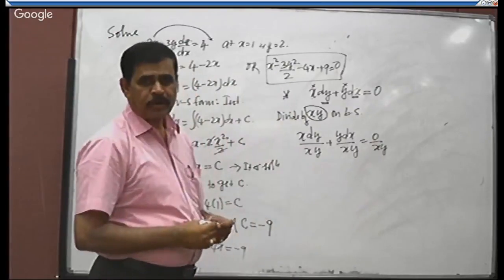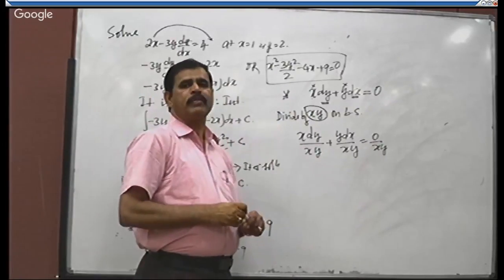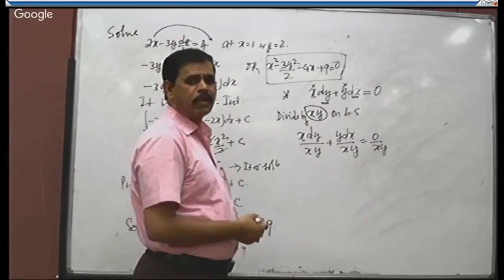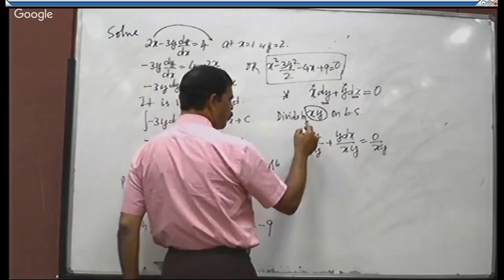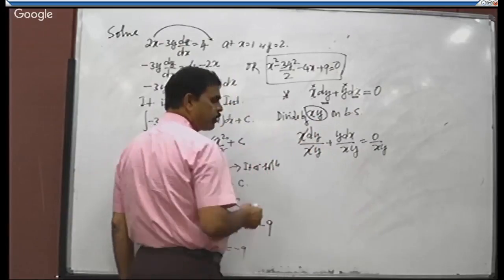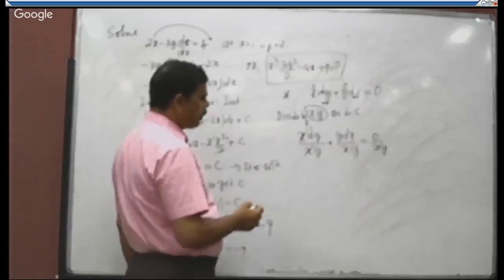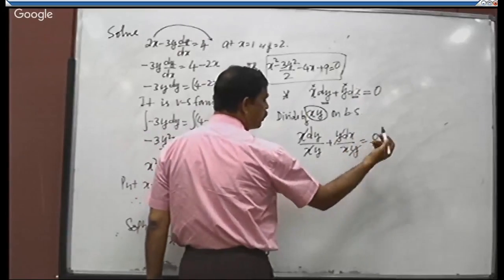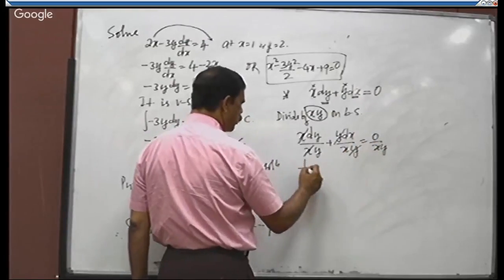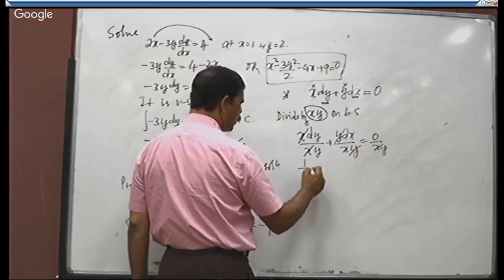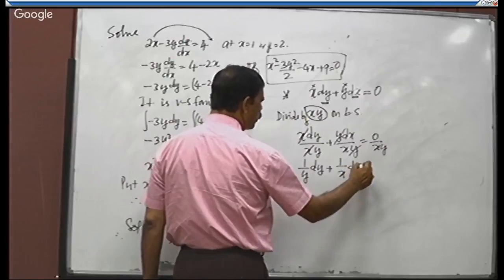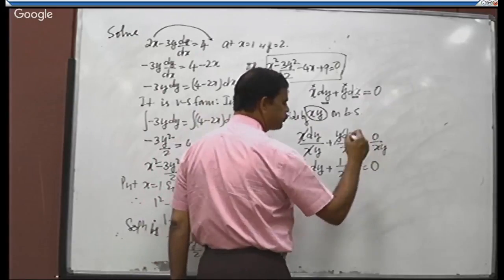Make a product of the unwanted terms at dx and dy, and divide every term of the given differential equation. Now cancel the common terms in numerator and denominator. Here x cancelled, here y cancelled. 0 divided by anything is 0. Now it becomes 1 by y dy plus 1 by x dx is equal to 0.